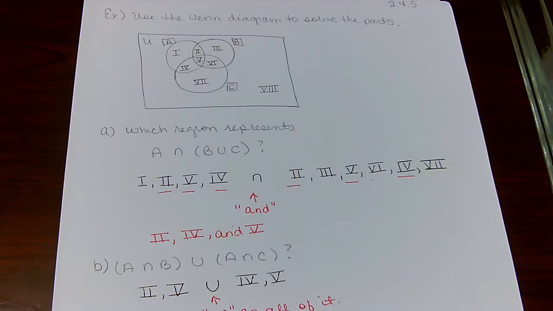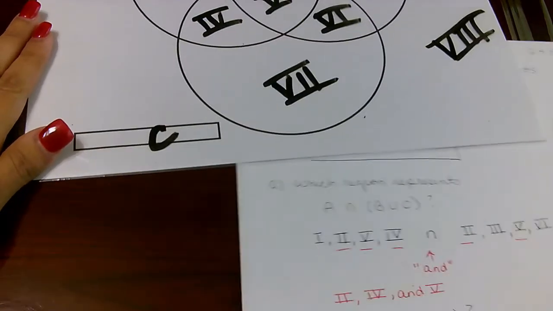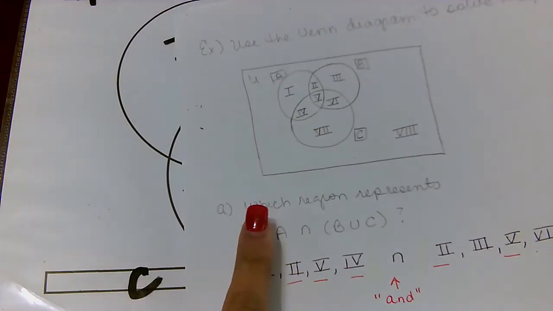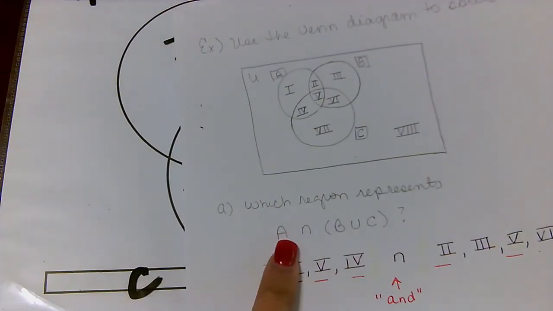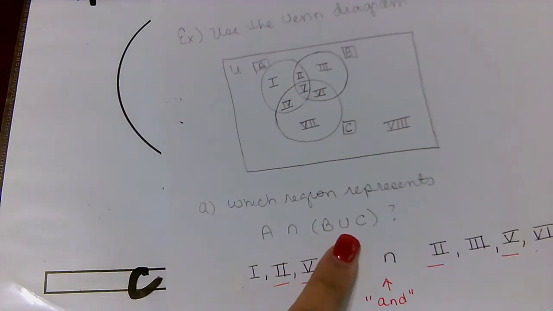Okay, we're going to do the same thing, but this time we're going to use the 3 sets. Okay, so I went ahead and recreated this again on my sheet, and then we're going to go ahead and start with A. Part A says which regions represent A and B or C. So in this case, always start with your parentheses first.